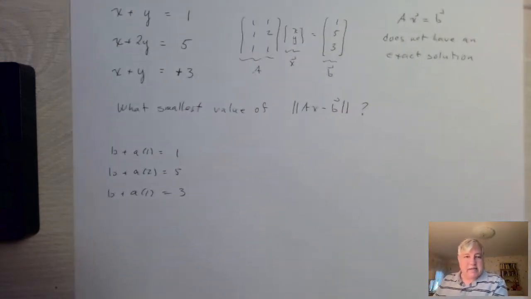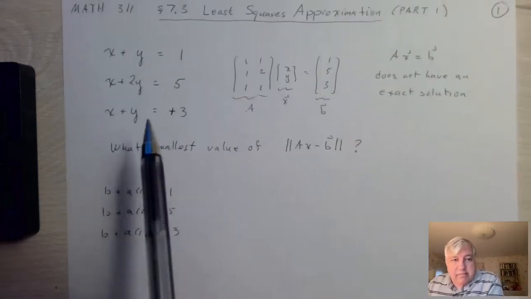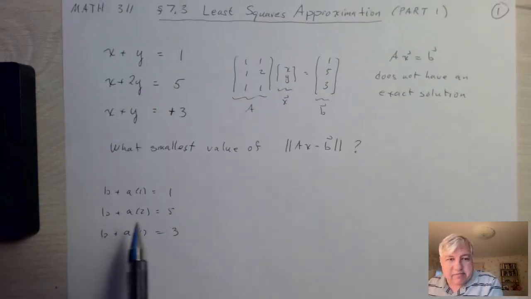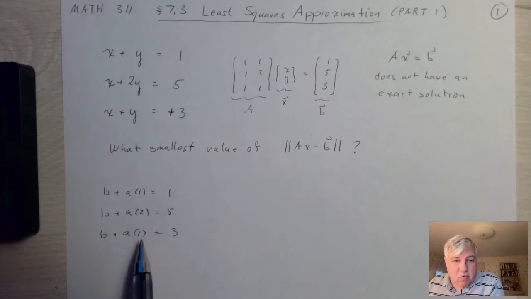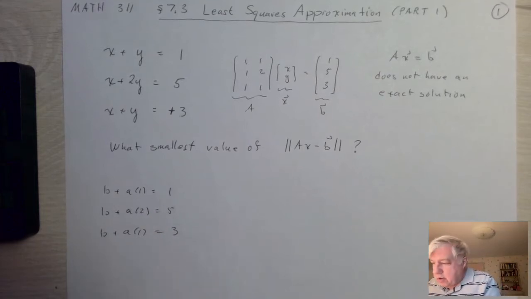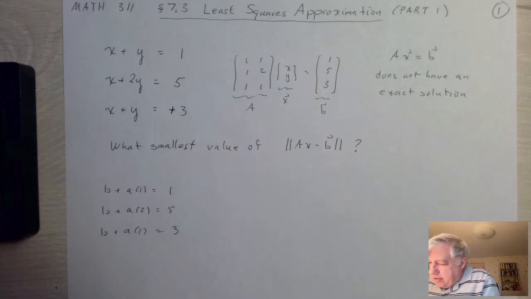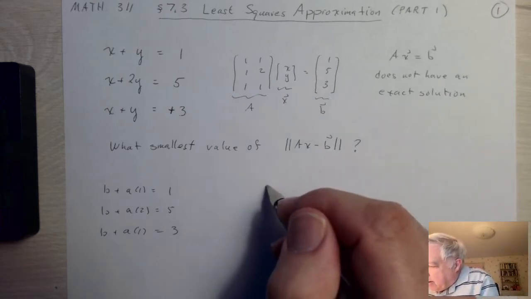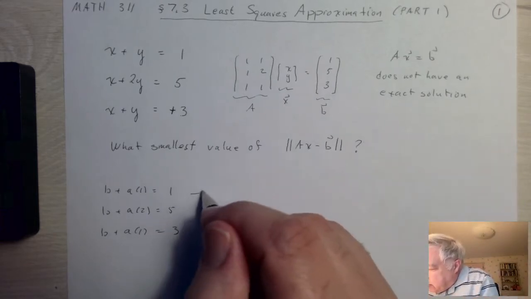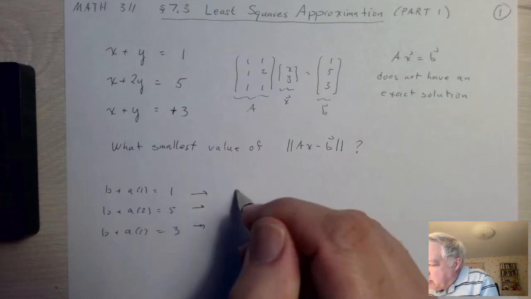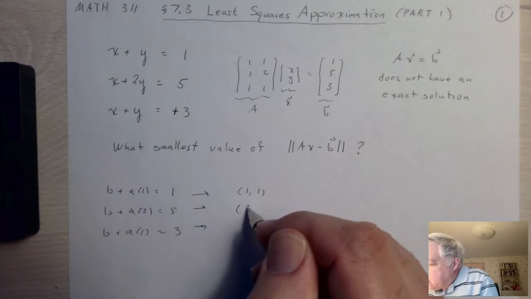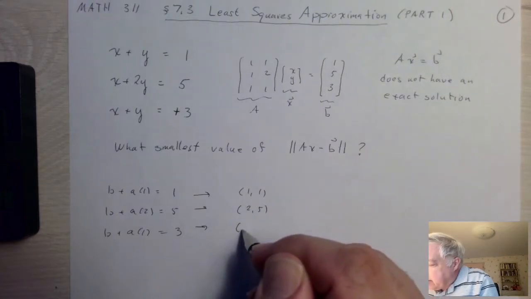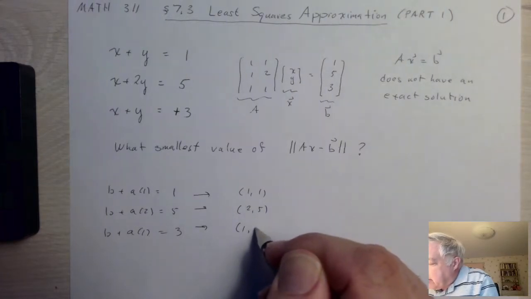This is basically the same equations here, except we've replaced the variables, and we've inserted a 1 here in a couple of cases. Well, we'll see that this corresponds to some points: the points (1, 1), (2, 5), and (1, 3).